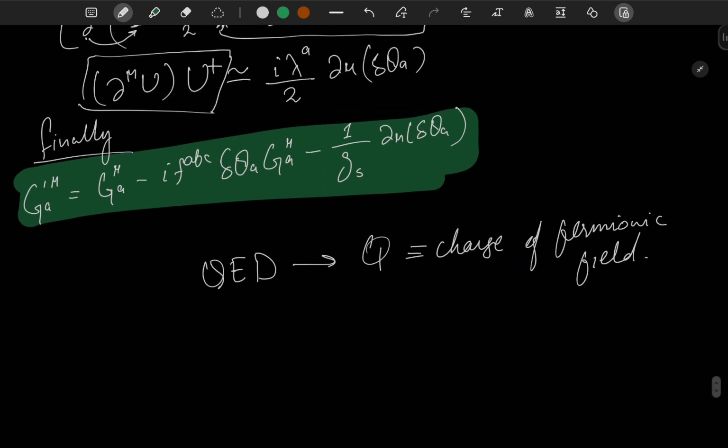Okay, so far we have seen that the variation of the field, gluon field, depends on gluons itself. So the field depends on field itself, number one.